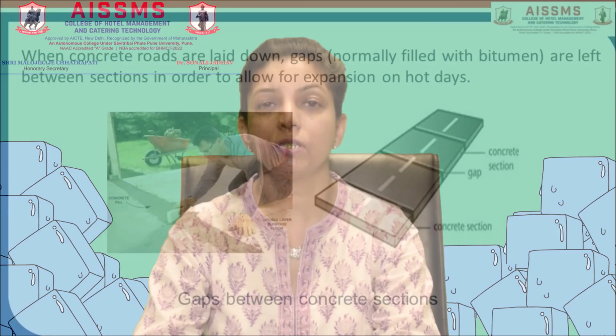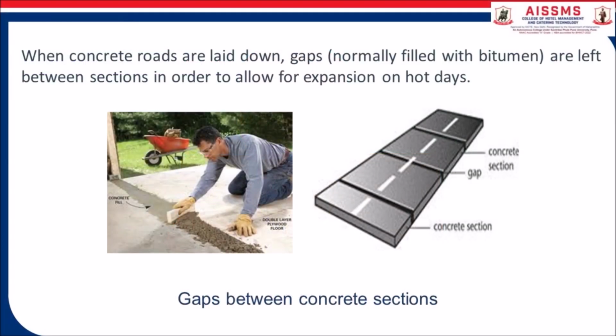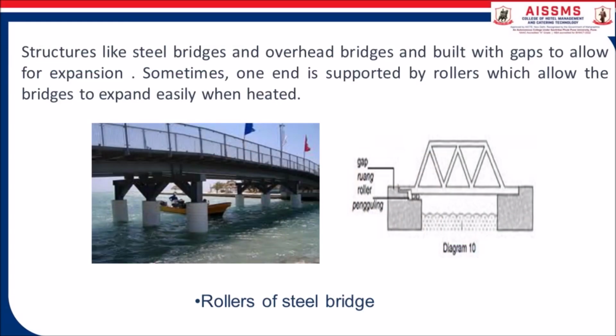When concrete roads are laid down, gaps, which are normally filled with bitumen, are left between the sections. Again, this is done to allow expansion on hot days, or let's say in summer. Structures like steel bridges and overhead bridges are built with gaps to allow expansion, as these bridges include metal.